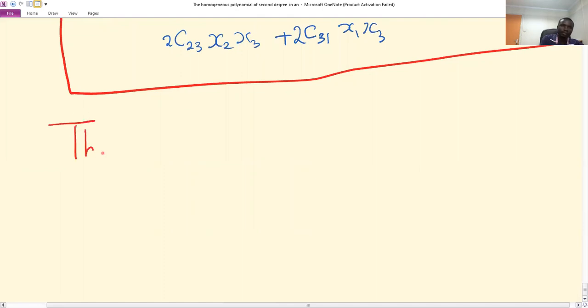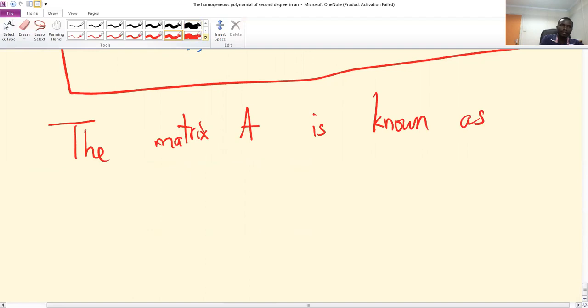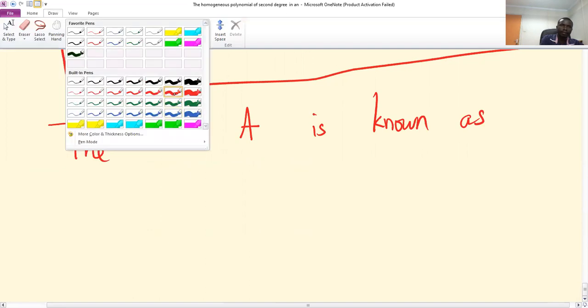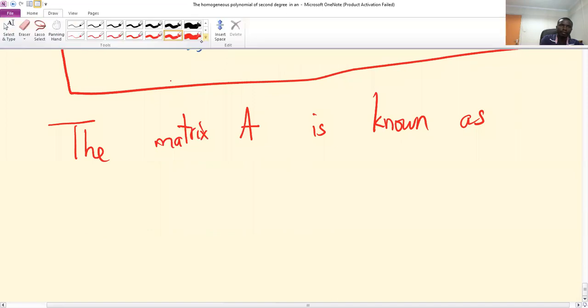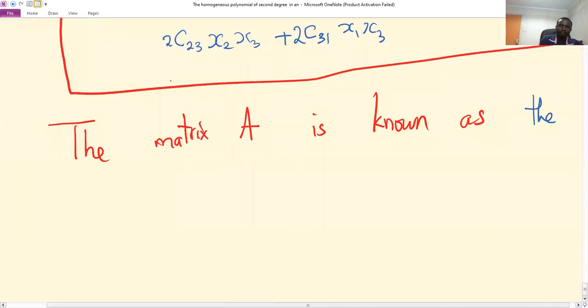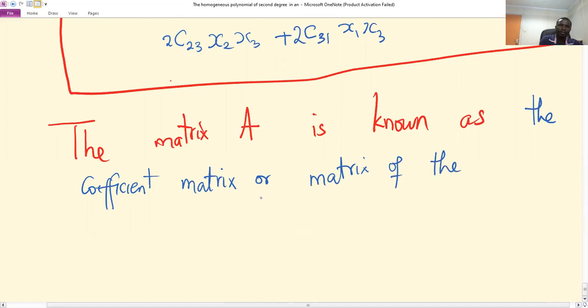So the matrix A is known as the coefficient matrix, or matrix of the quadratic form.